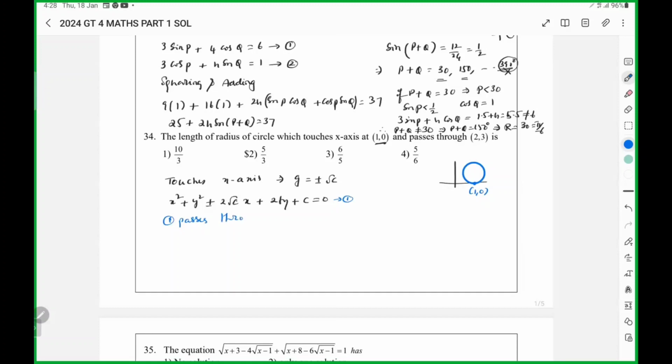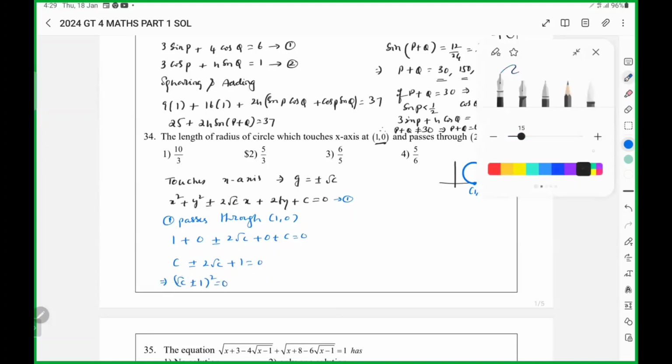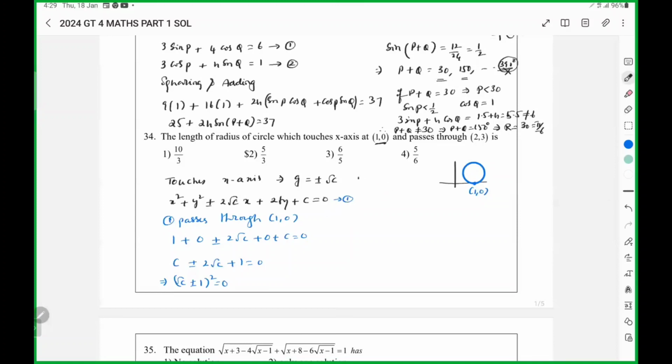It passes through, and then you'll have c plus or minus 2 root c plus or minus 1 whole square 0. Root c can't be minus 1.